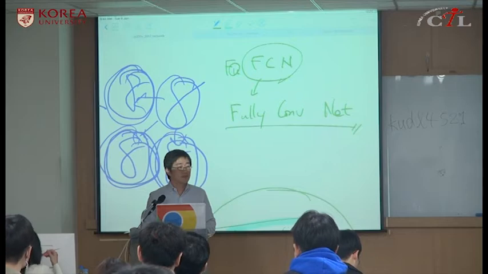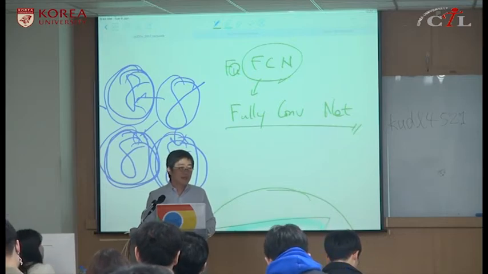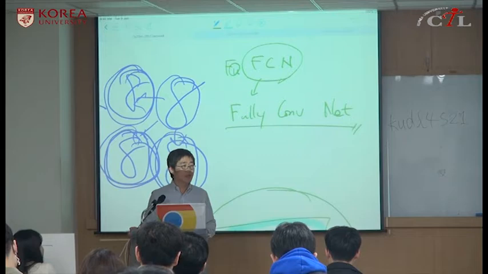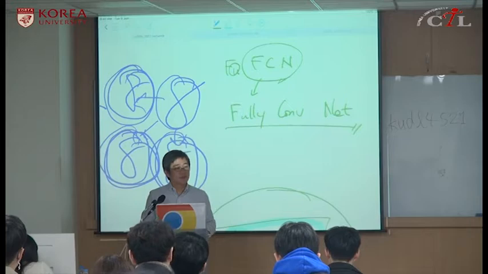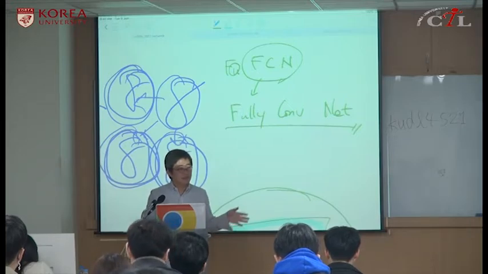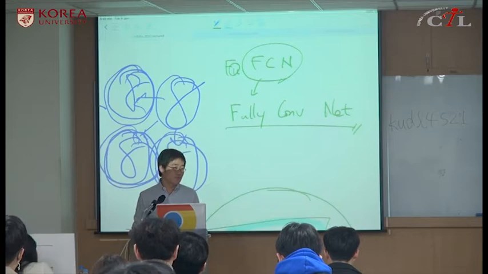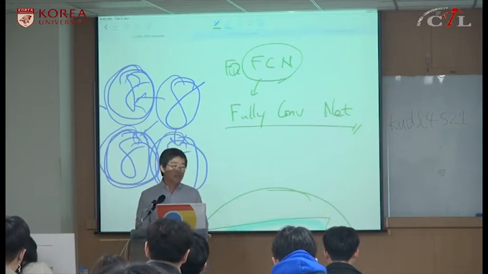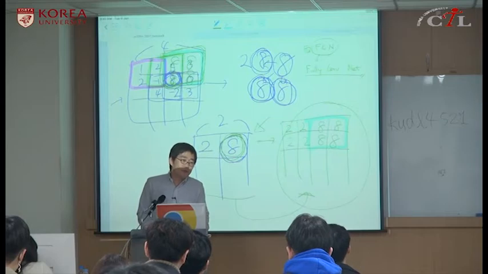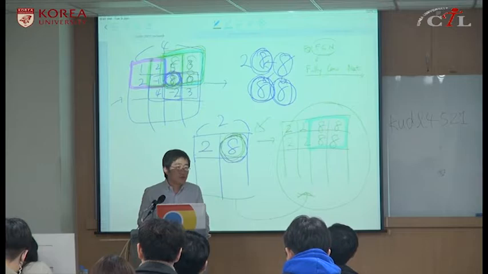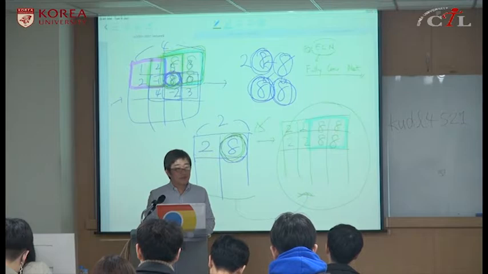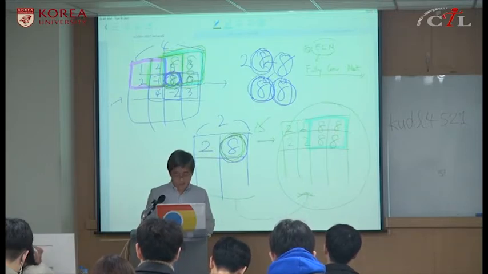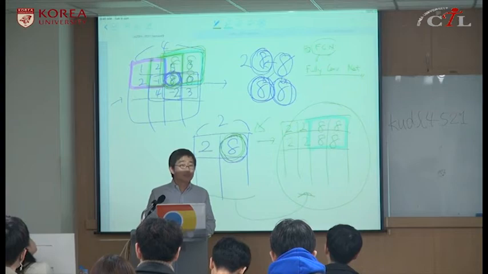By applying something called global pooling or global average pooling, this kind of network architecture can take variable sized input images. So it is quite often used in object detection or segmentation, and those kind of a little bit specific computer vision tasks. We might have a chance to discuss it, but any other questions?